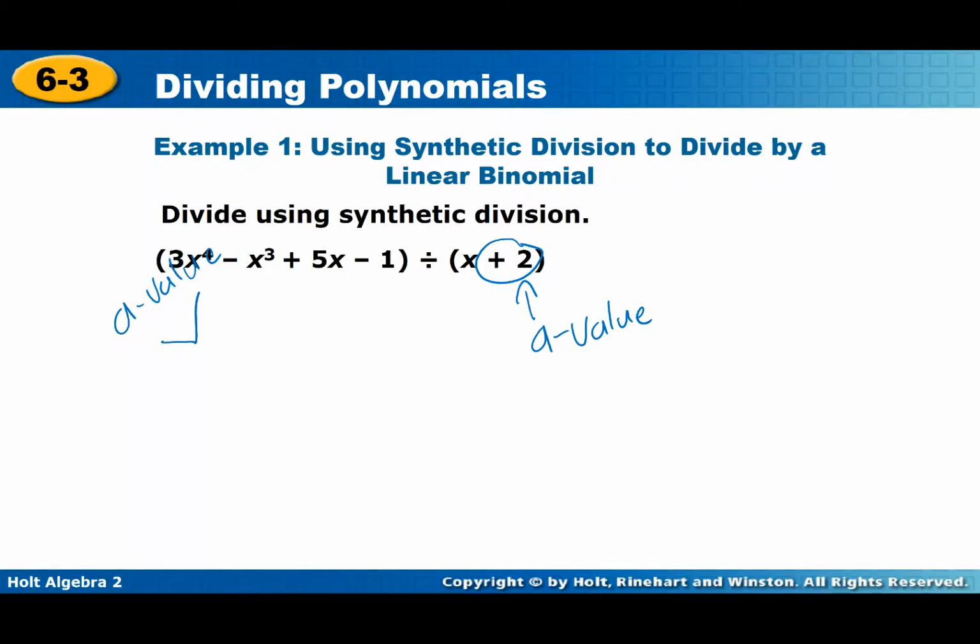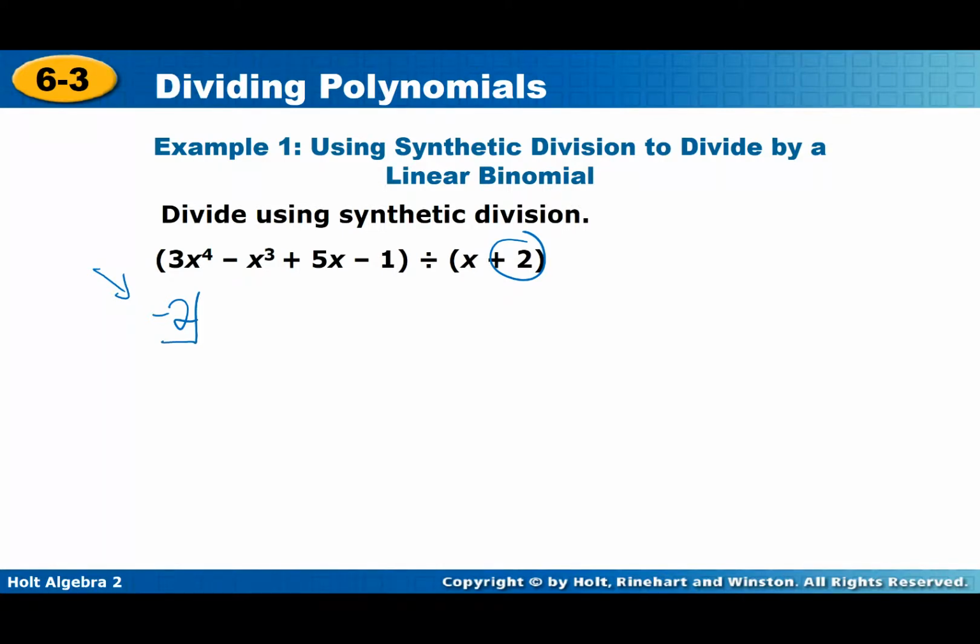So even though it says plus 2, the a value is actually a negative 2, okay? Because technically, we're dividing by x minus a. And so if we're dividing by a plus 2, that means we're dividing by a negative 2, because that's minus negative makes that plus show up. But long story short, just remember that whatever this number is here, you have to change its sign, and that is your a value.